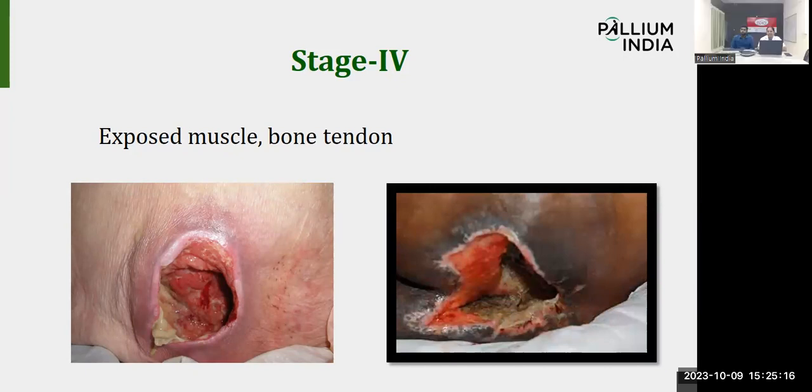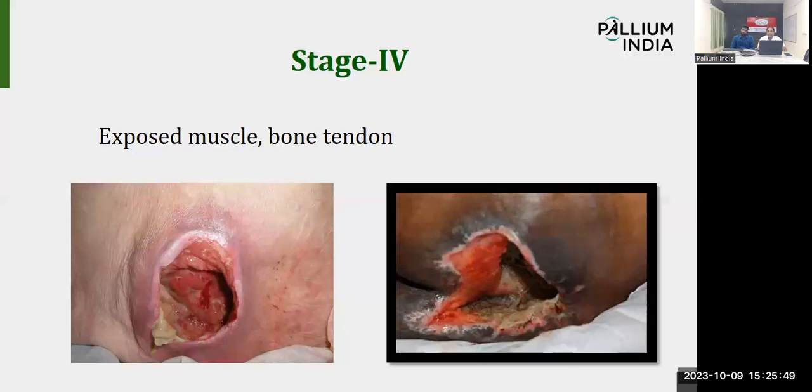Okay, Deepa is saying no, Manish is saying no, Lakshmi, no. So stage 4 is exposed muscle and bone tendon. After getting into palliative care, whenever you go for a home visit or when the patient comes into your clinic, you can see this kind of pressure sore, right?